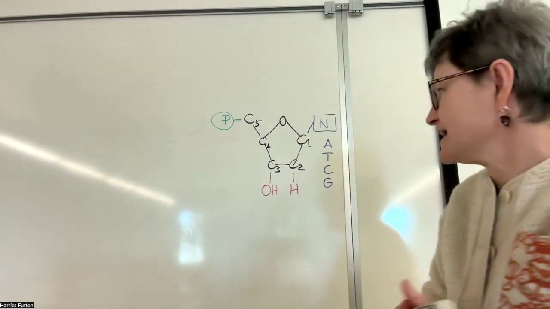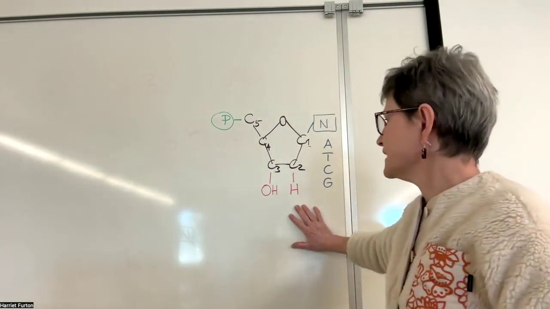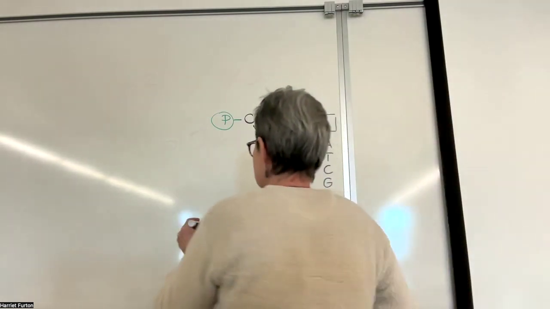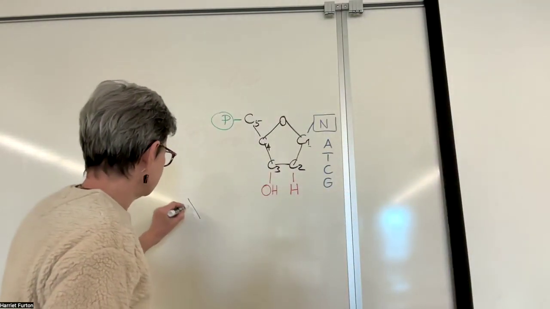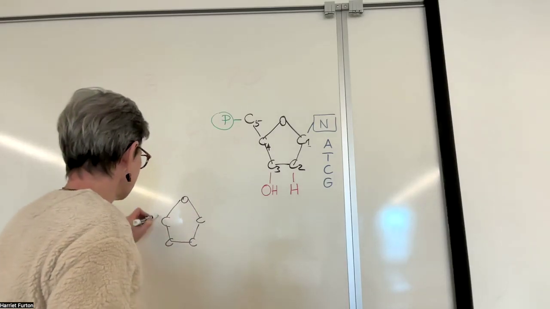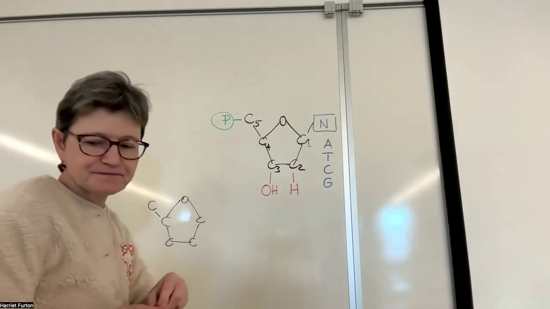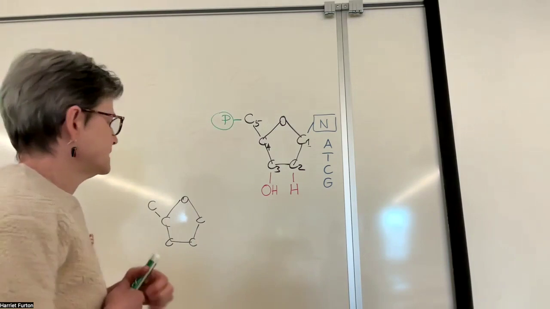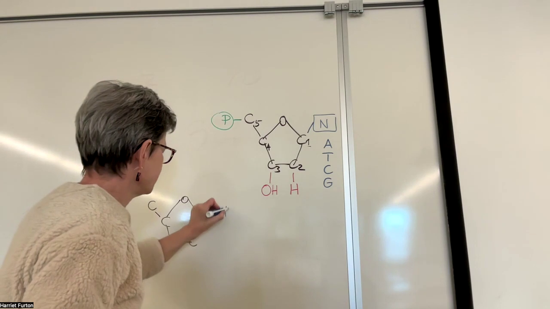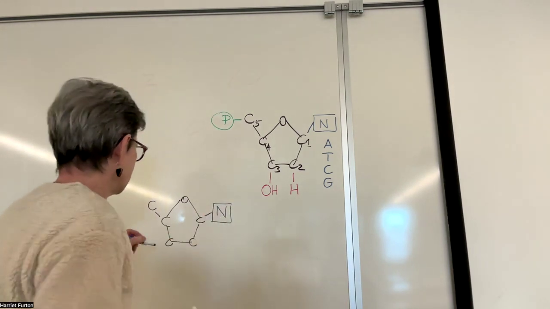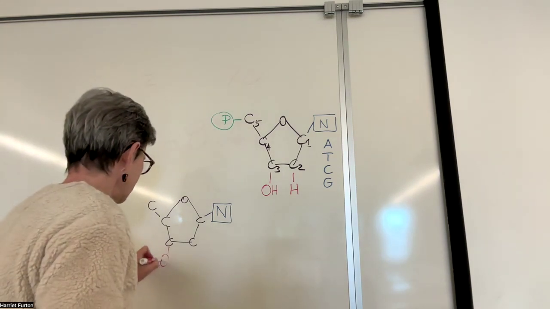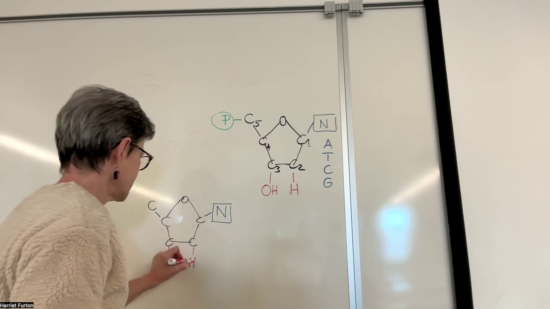Now we have another DNA nucleotide that I would like to show you how they combine together. So we have another nucleotide: carbon, carbon, oxygen, carbon, carbon. Here's another carbon. I will add the nitrogenous base in here, and I will add the OH in here and the hydrogen.